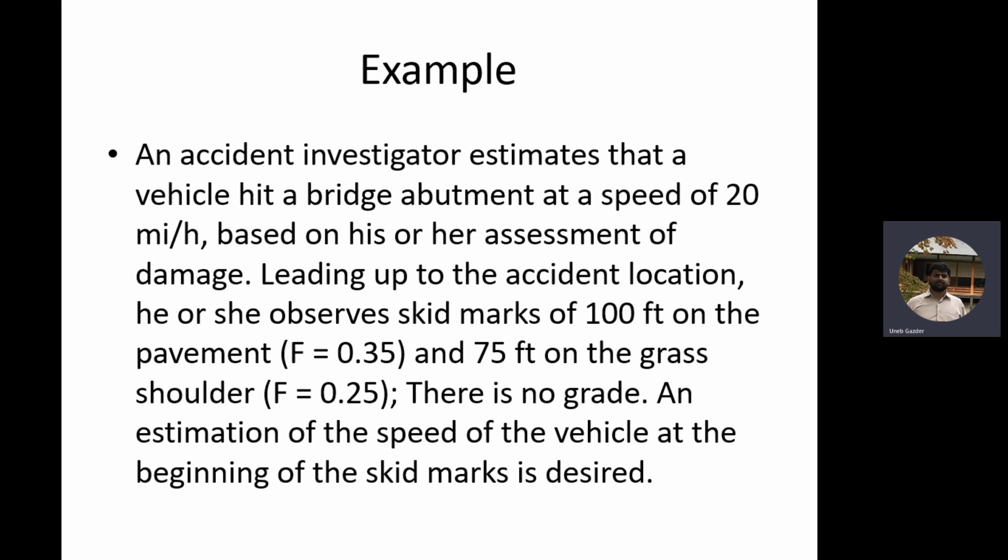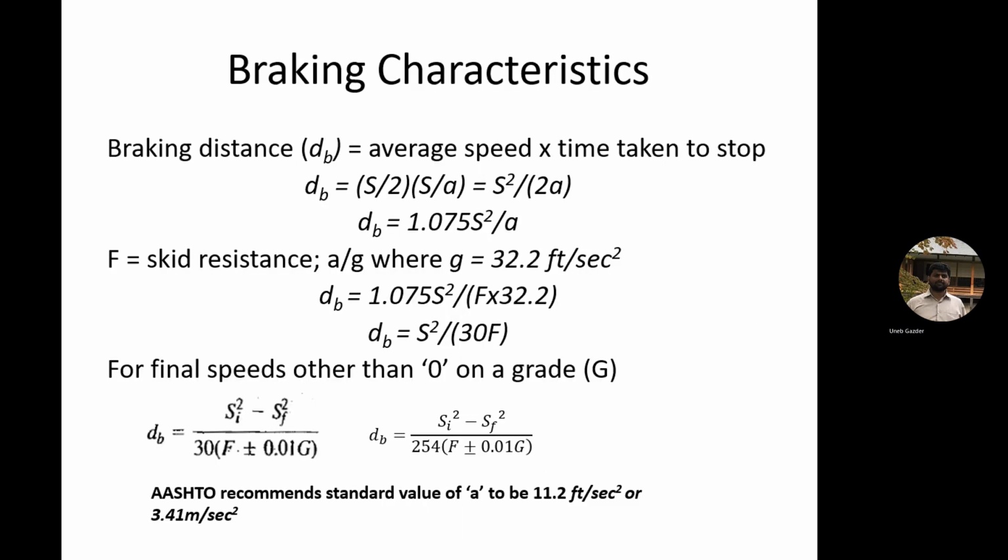And the equation is this one, the one on the left hand side. So SI is to be found. SF is 20 and F is 0.25 for the shoulder, and dB is 75.